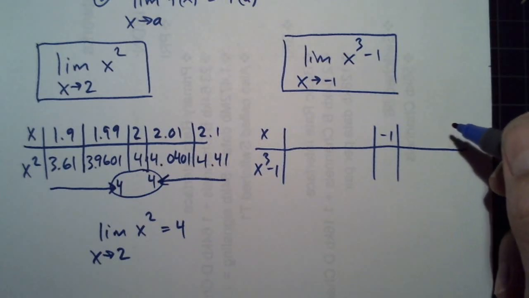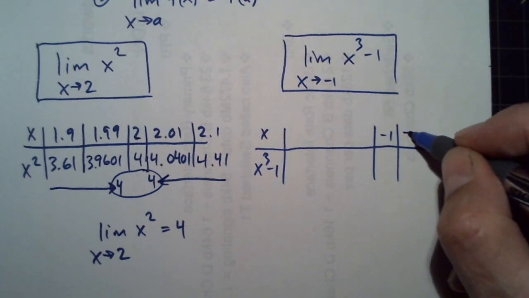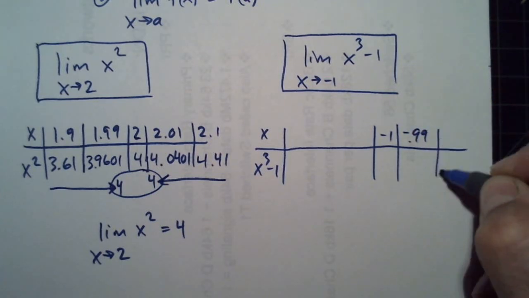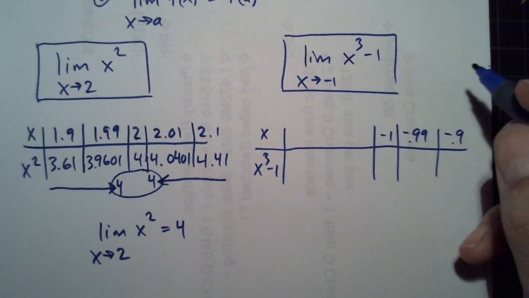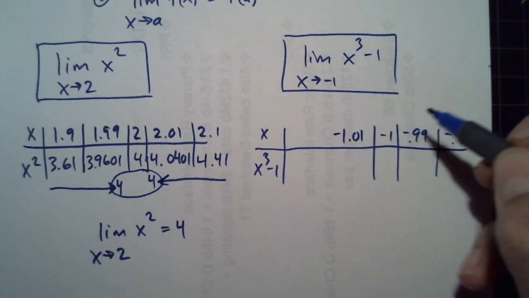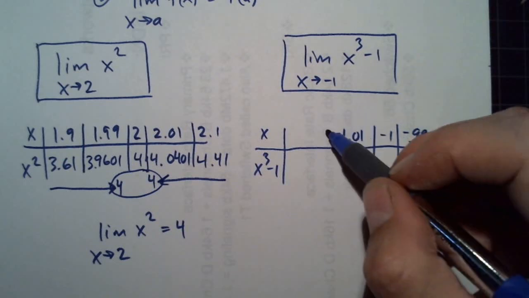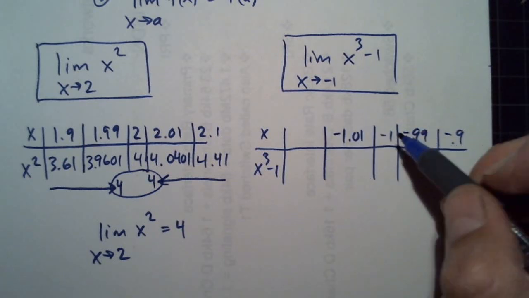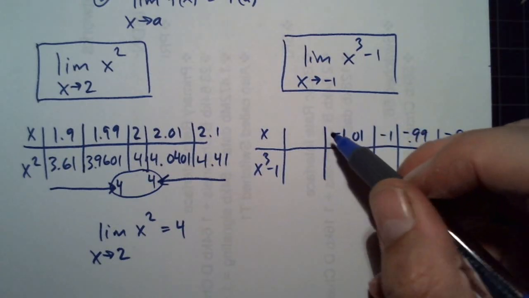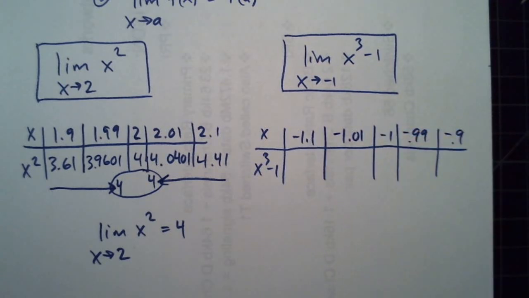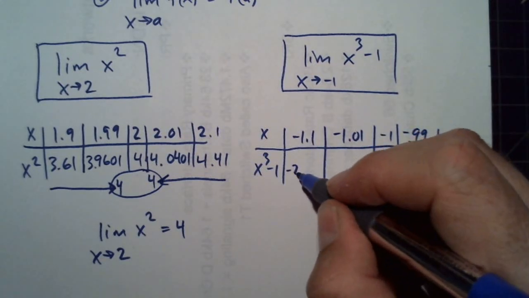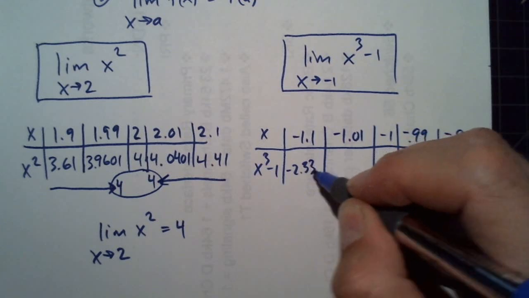So, hopefully you chose the right values that are getting close to -1. We have to go backwards because we're going on the negative side, so the numbers are getting bigger going this way. -2.33.